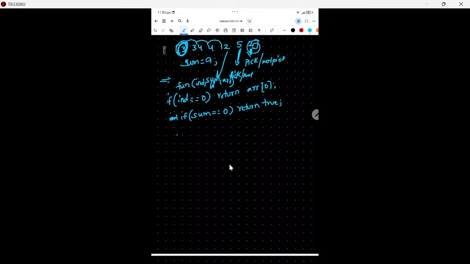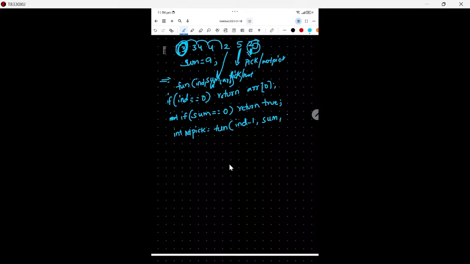Let's pick, and let's not pick. Let me first write not pick. For not pick, should the index move anywhere? Yes, move the index. Not picking means the index moves to index minus 1, and sum stays the same.